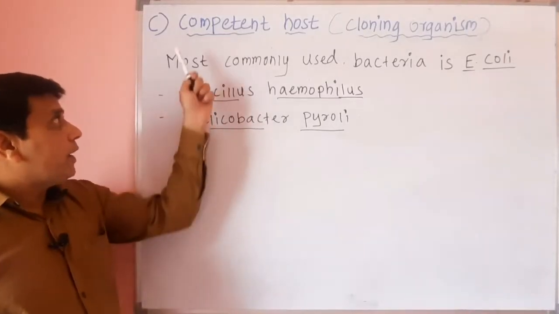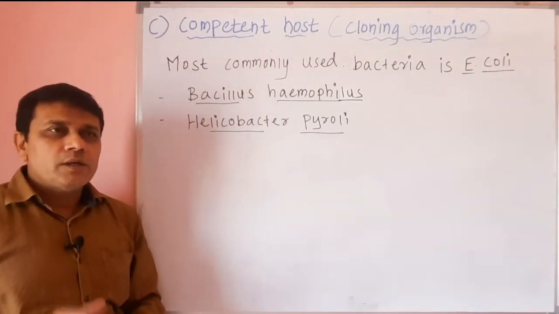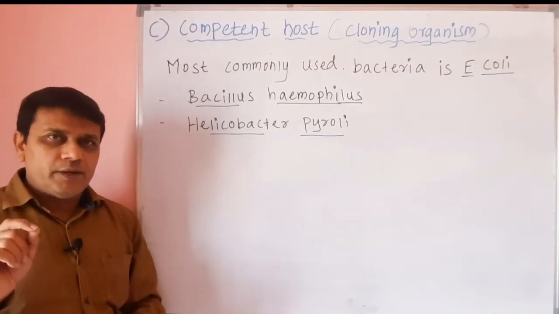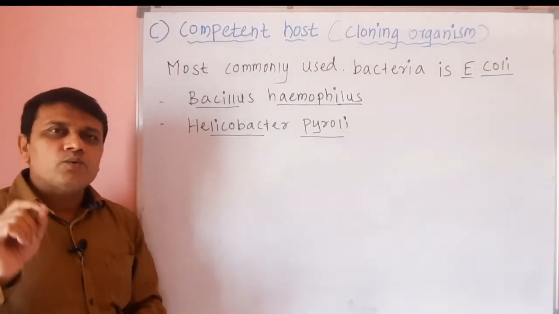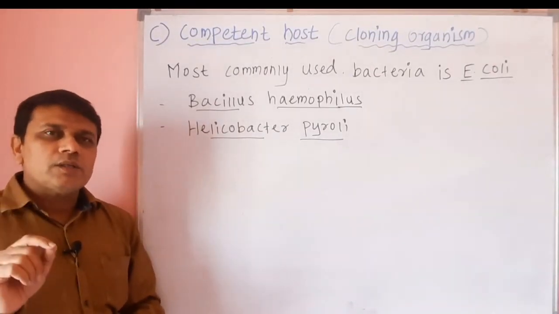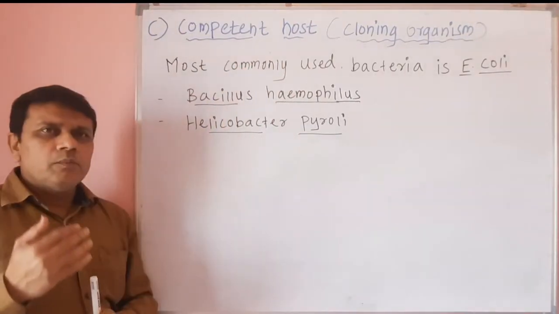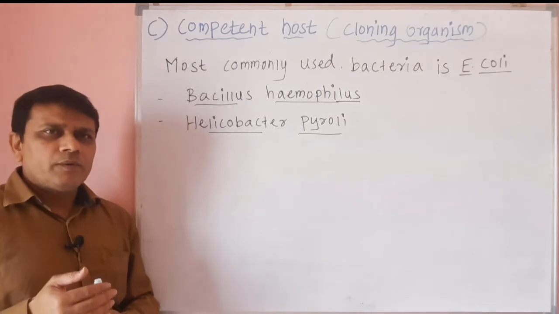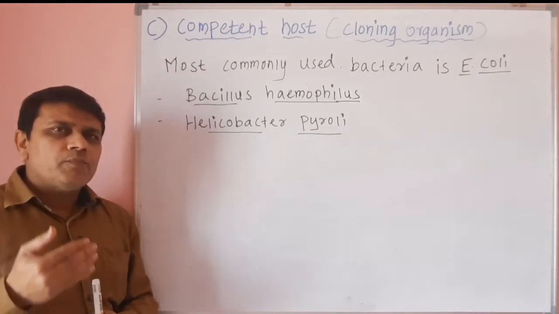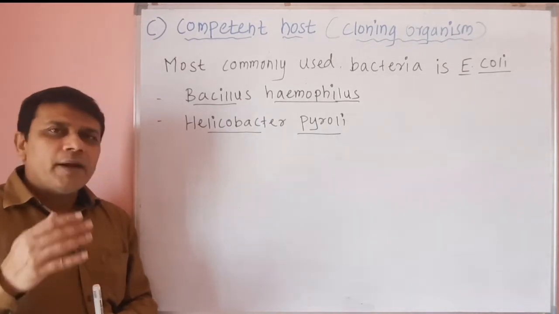The third biological tool is the competent host. Competent host means the recombinant DNA or the recombinant plasmid is introduced in a suitable organism or a suitable cell. Such a cell or organism is called a competent host. The most commonly used organisms to produce multiple copies of the recombinant DNA, that is cloning, are bacteria.